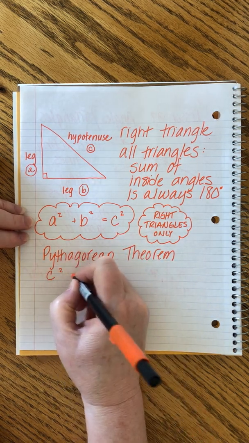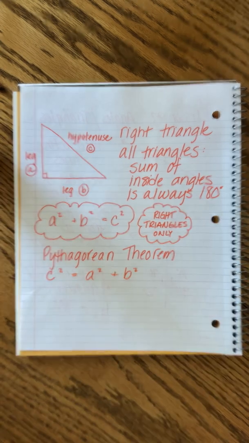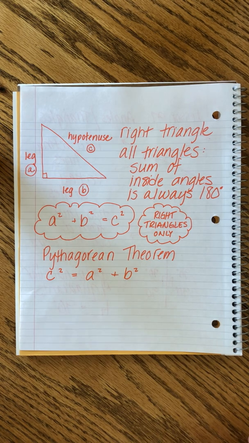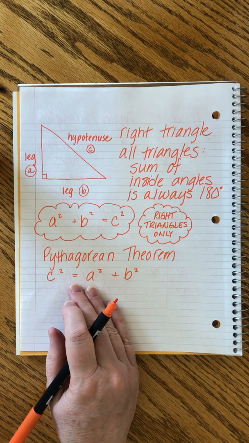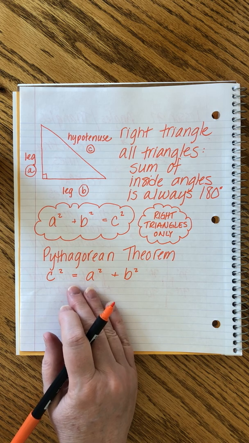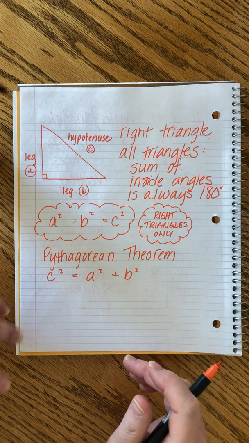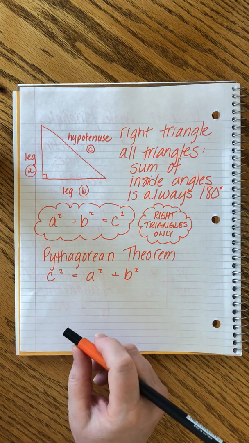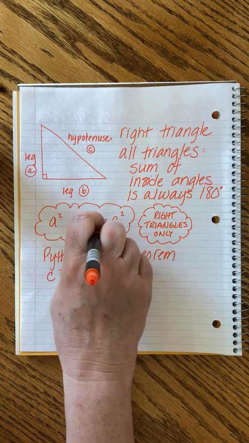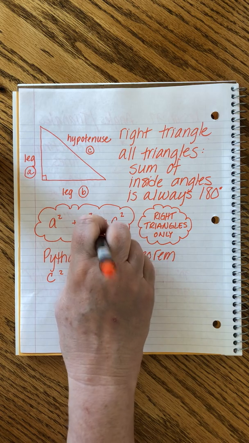We'll often see it as c squared equals a squared plus b squared. All I did was rearrange which side is which. I just want to put that before your eyes so that when we start to look at it from this direction, you'll go, oh yeah, that's just the Pythagorean theorem, kind of backwardsy. All right, so we'll use it in this form today to work some problems.